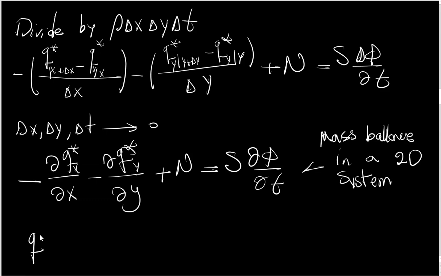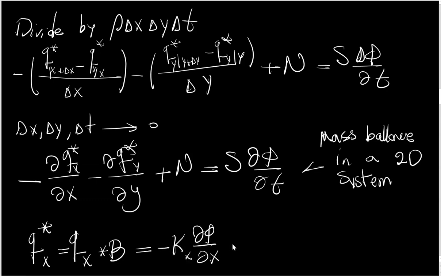So we know that the Q star x is nothing but the Qx times b, right? And the Qx is negative Kx partial phi partial x. Similarly, I can write the similar things in the y direction, right?